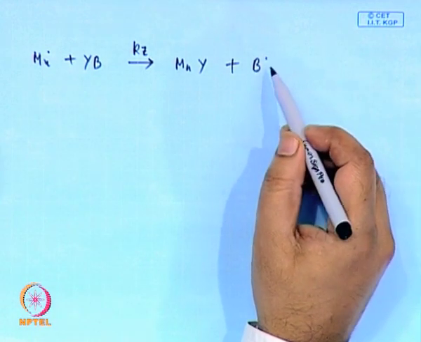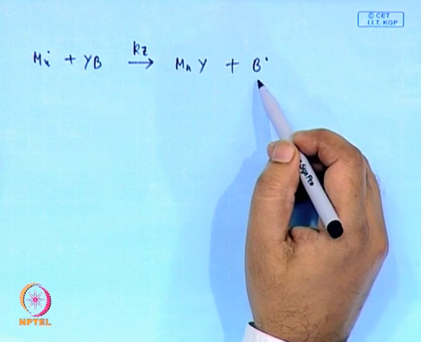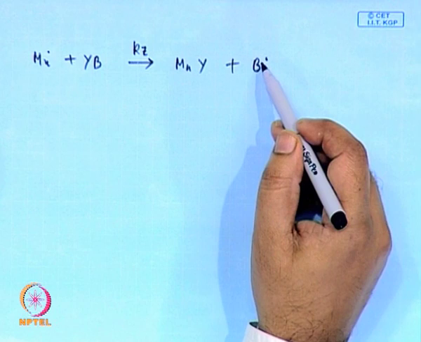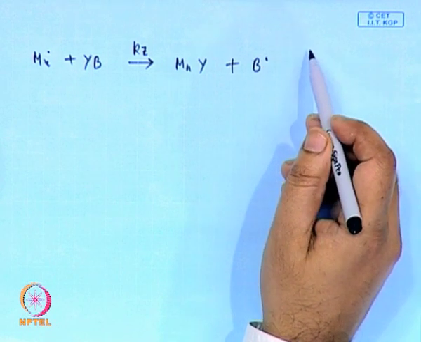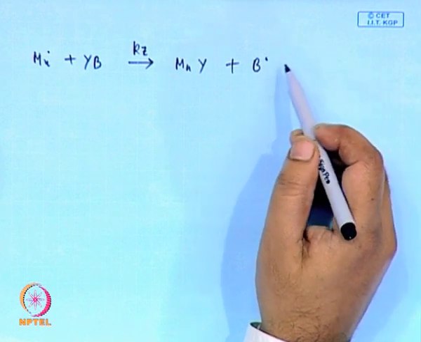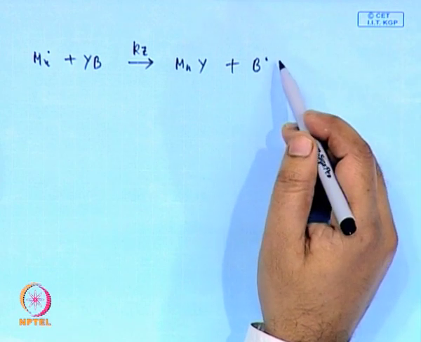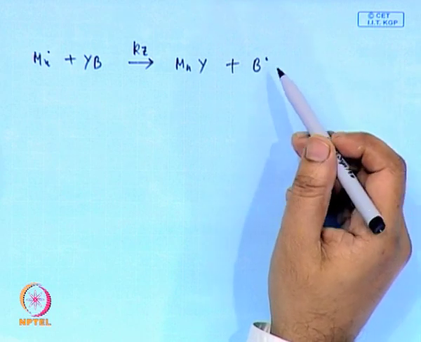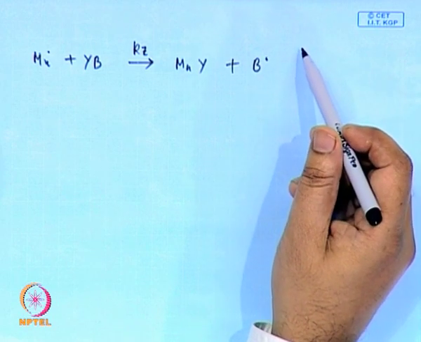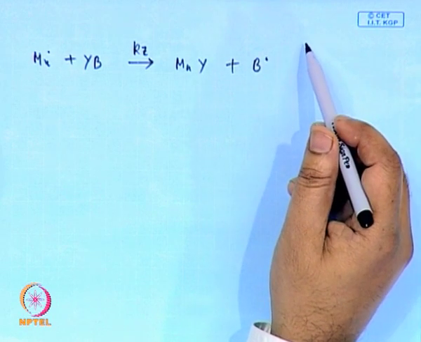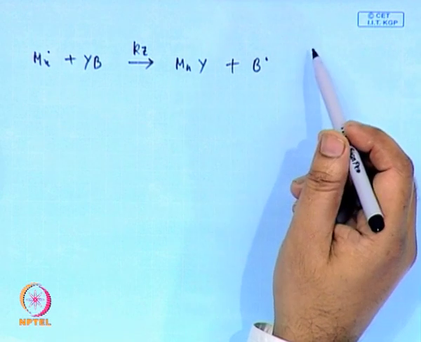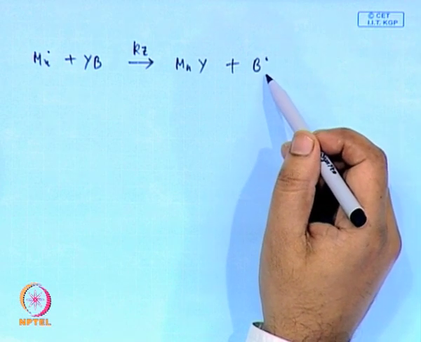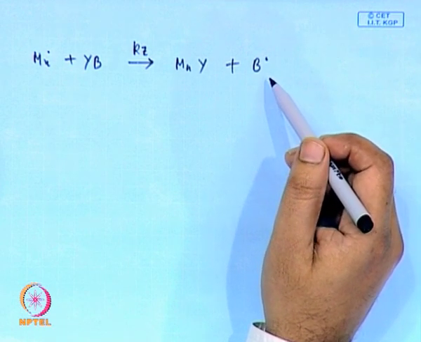Now, if this B dot, which is this radical, is very stable, it does not take part in further chain initiation reaction. It might degrade or react with itself, forming non-radical species, but it does not react with a monomer to initiate a new chain, or if it does react with the monomer, the rate is very small.